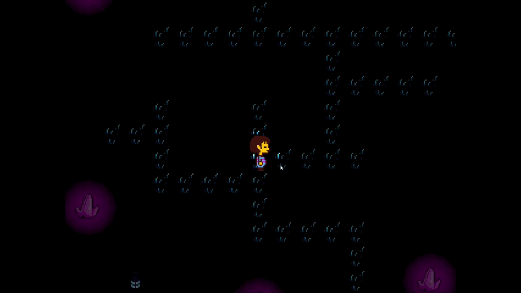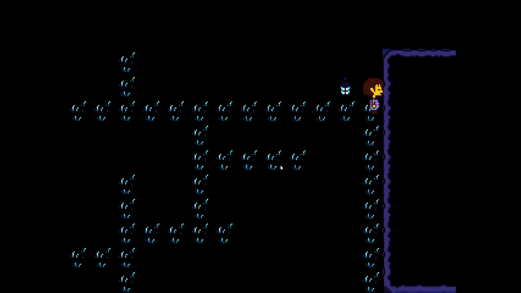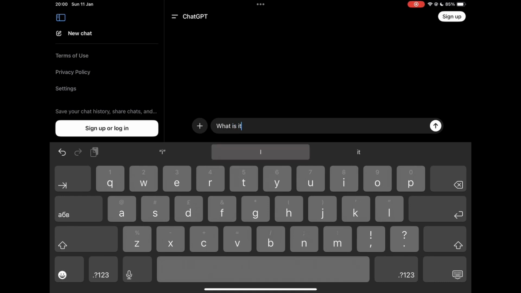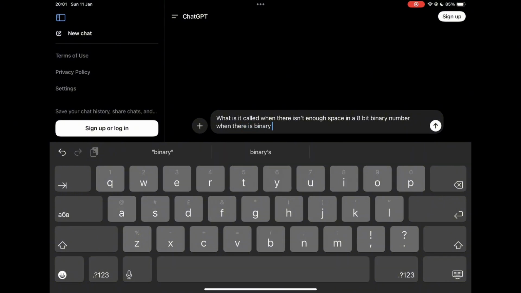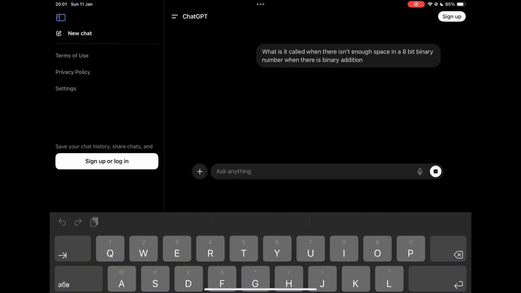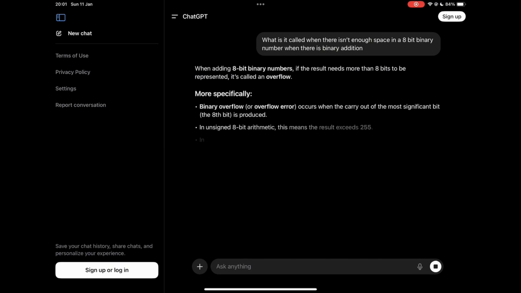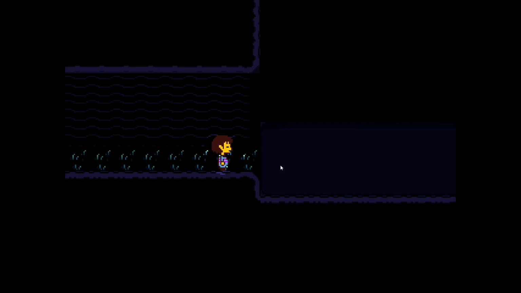So obviously that's a pretty big problem, because if we don't have enough space to fit it, then we have what is called... I forgot the word. Oh yes, it is called binary overflow.